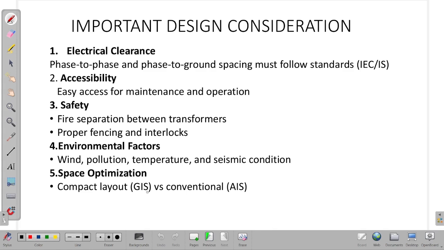Space optimization: for a compact layout, a GIS substation is preferred over a conventional air insulated substation. So these are the things we have to take care of.